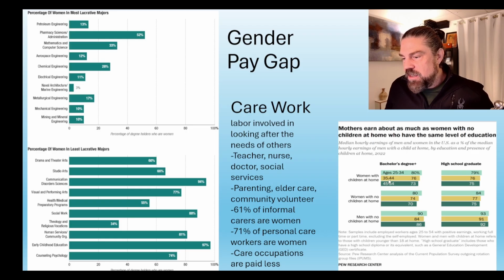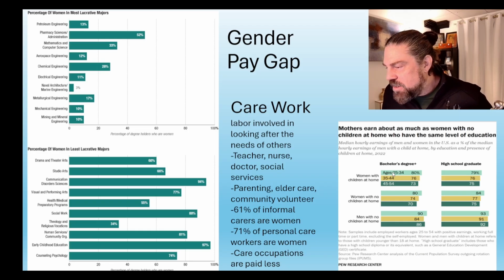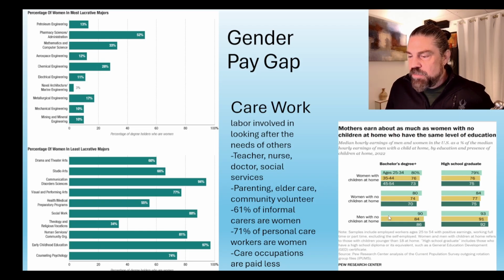These are age ranges, actually. Let's just look at, say, the 25 to 30 age range here. For simplicity, that's the light green. Men with no children at home earn 90, whatever that is, if they have a bachelor's degree on the scale, high school degree, 93. Generally across the board, men with no children at home earn the most.